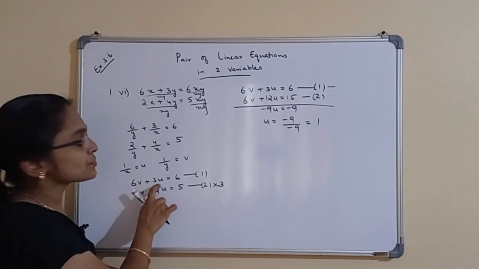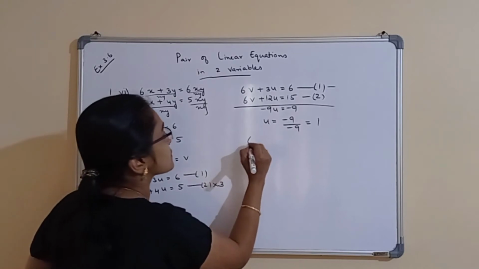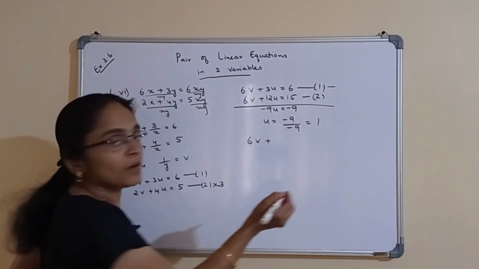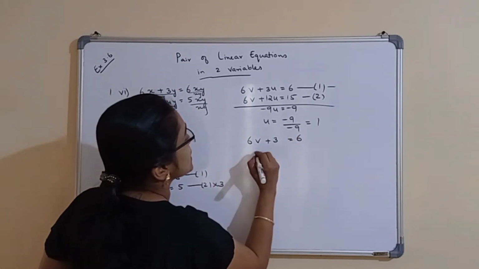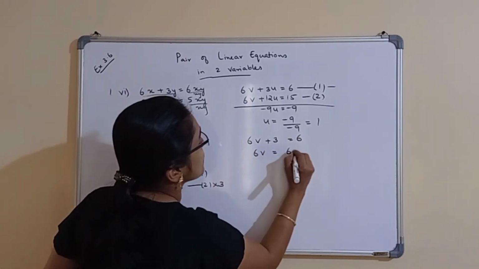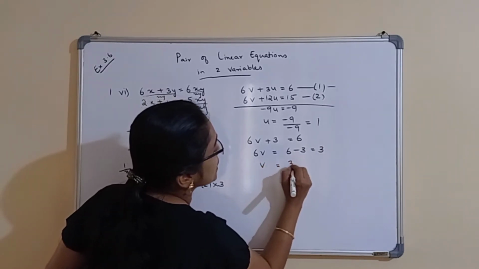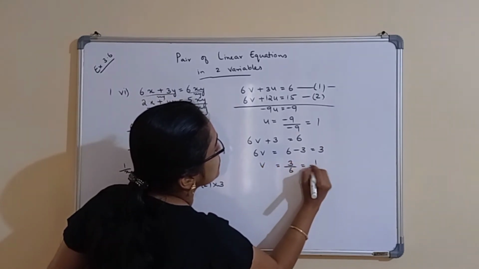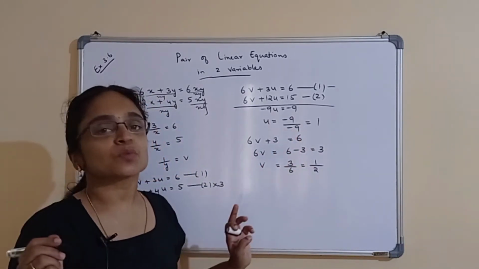So we can substitute 1 for u. In this equation 1, we will get 6v plus 3 into 1, that is 3, is equal to 6. Which means 6v is equal to 6 minus 3, which is equal to 3. So v is equal to 3 by 6, which is equal to 1 by 2. So the value of u is 1 and v is 1 by 2.